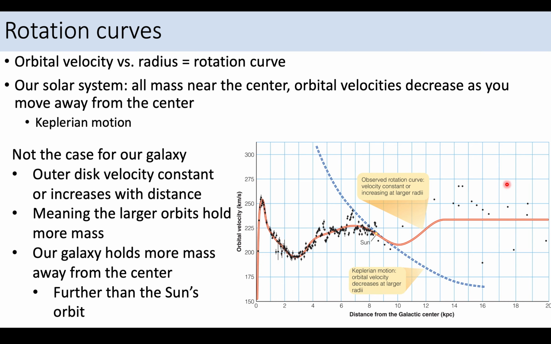So there's a lot of mass held in these outer orbits that are further than even the sun's orbit in this figure. So there's a lot of mass in the outer reaches of our galaxy's orbit that makes this not fit the perfect curve like we might assume.